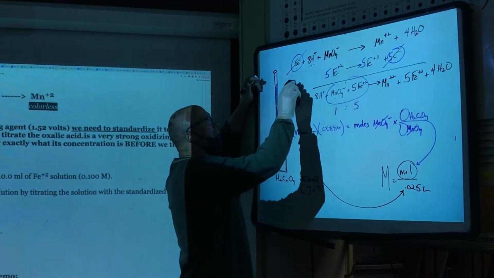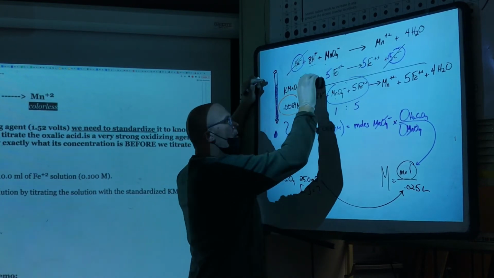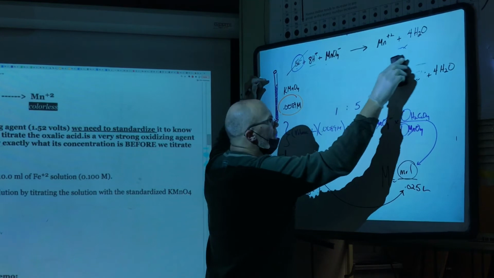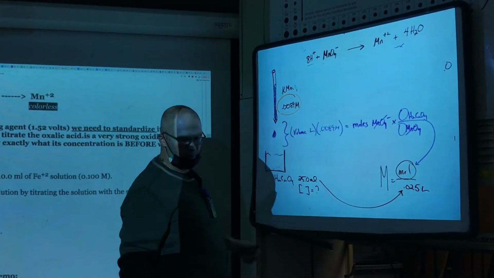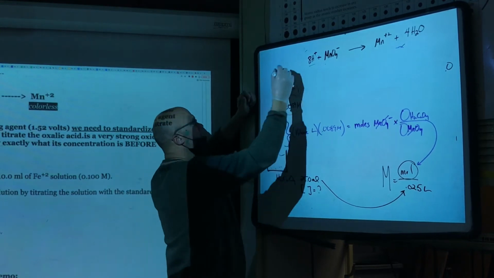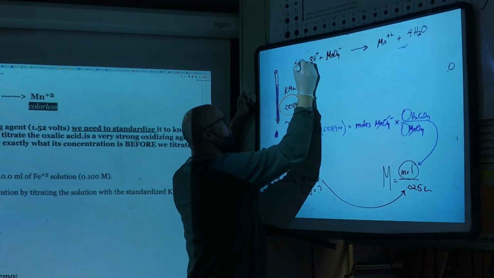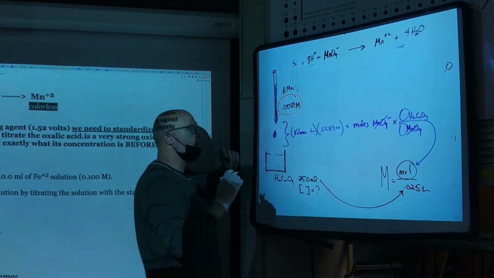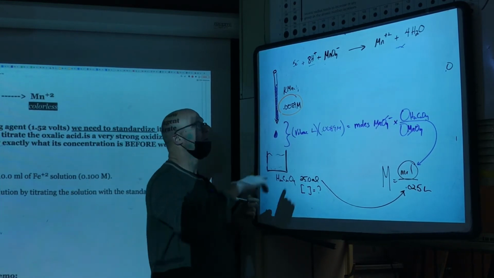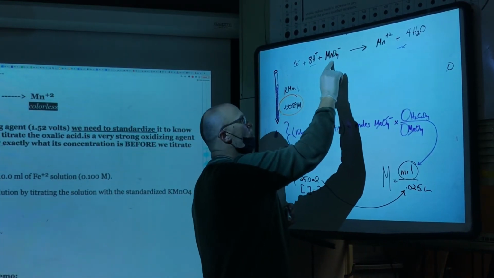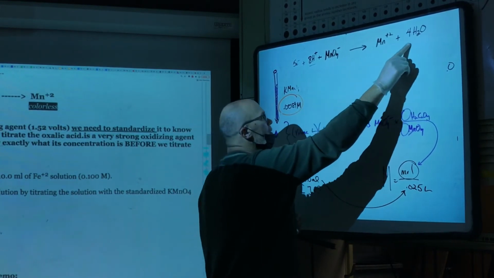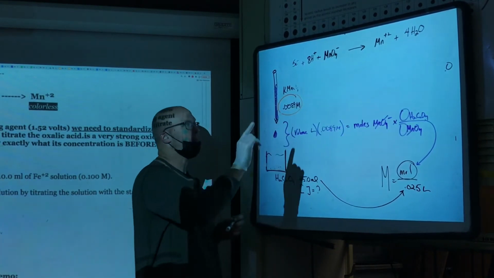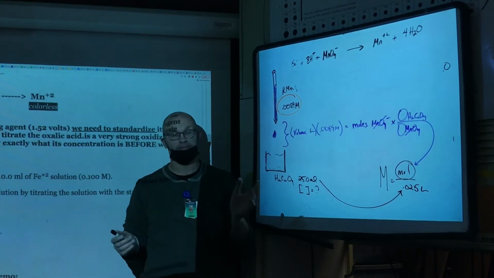Now, I'm going to keep the top one here because I know that the permanganate ion, when I do it, is going to give me 5 electrons. It's the same steps. Balance all things other than O and H. Balance the O, there's 4 of them, 4 waters. That gives me 8 H pluses. To balance the charge so that both sides have the same charge, I put the 5 electrons.